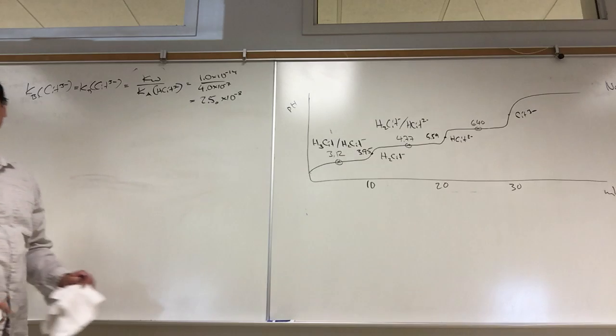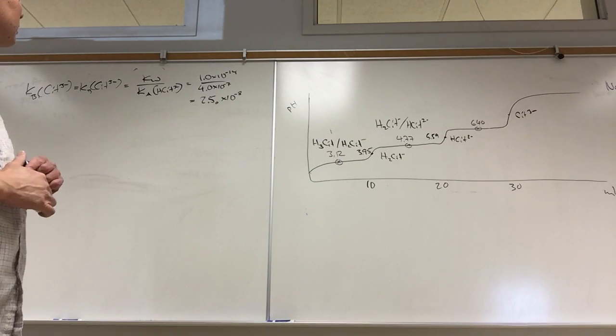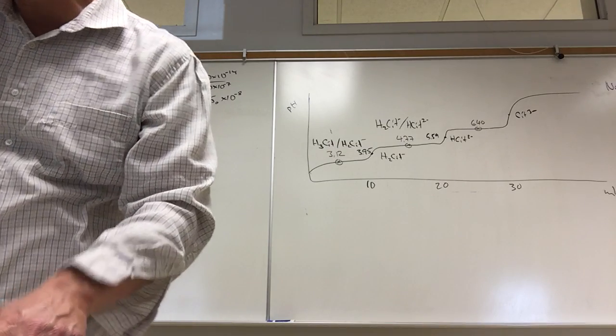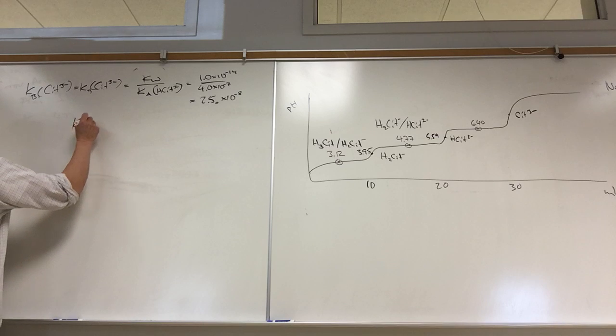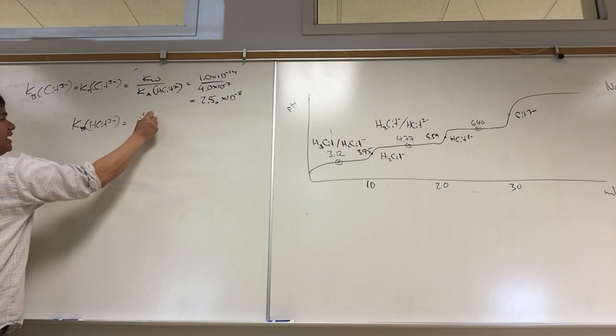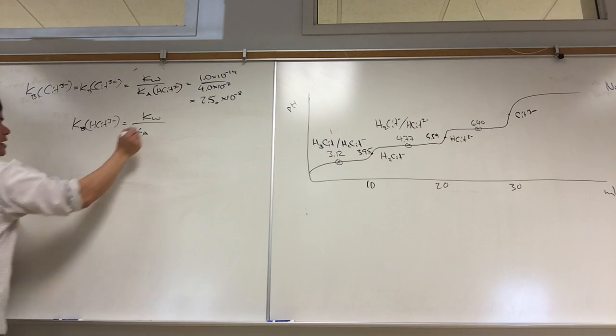Now should we worry about Kw? Well, let's see. Oh, that's Kb1. Let's do Kb2. Kb2 is going to be the Kb for monohydrogen citrate, which is going to equal Kw over the Ka for dihydrogen citrate.